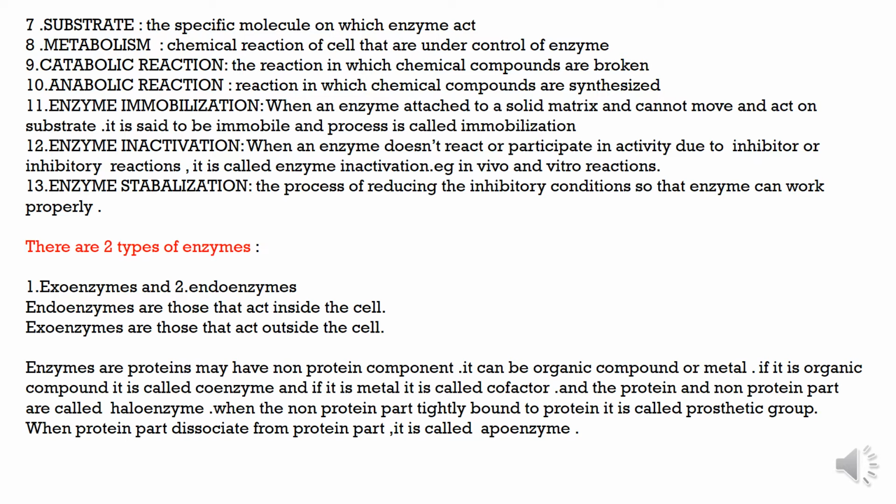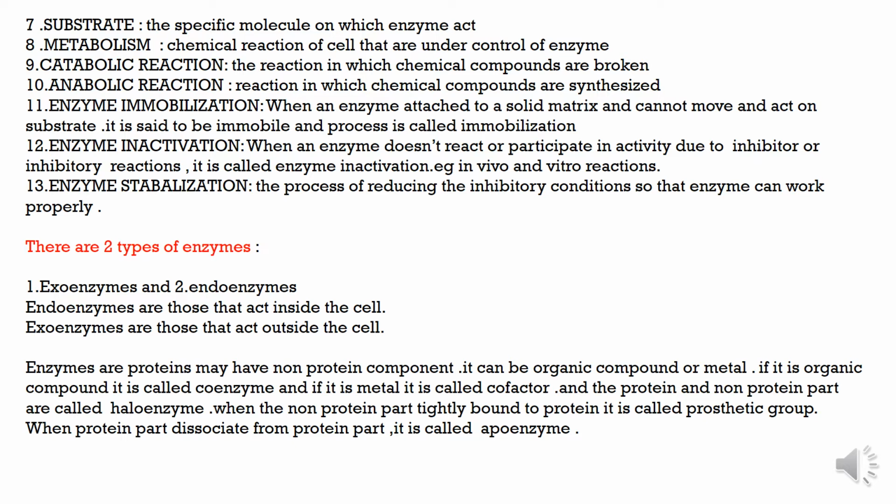Enzyme inactivation: when an enzyme doesn't participate in activity due to an inhibitor, it is called enzyme inactivation. Example, in vivo and in vitro reactions. Enzyme stabilization: the process of reducing the inhibitory conditions so that the enzyme can work properly.